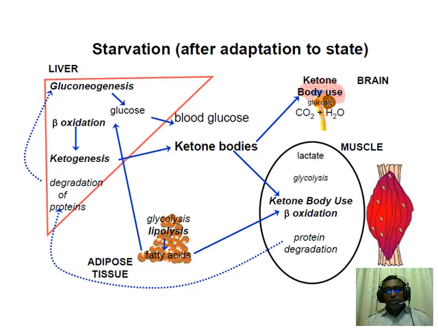So again, we come to this diagram which shows what happens in the condition of starvation after adaptation to the state of starvation. You can see that the body uses whatever resources it has to get fuel molecules, up to the level of ketone bodies itself.